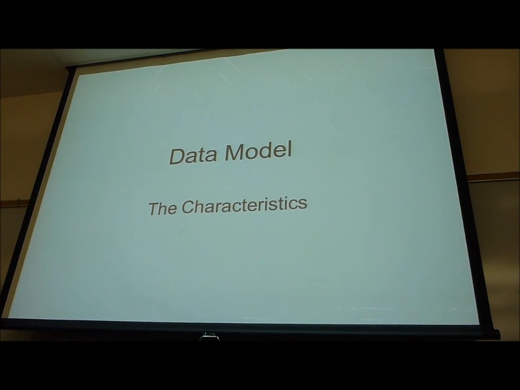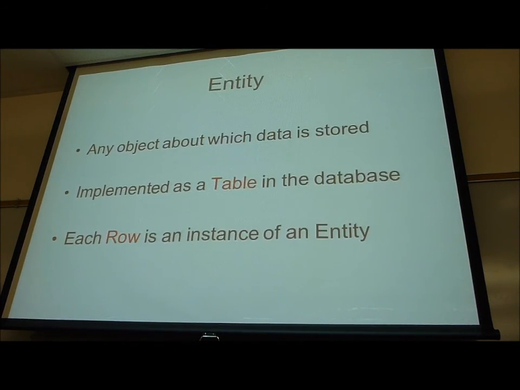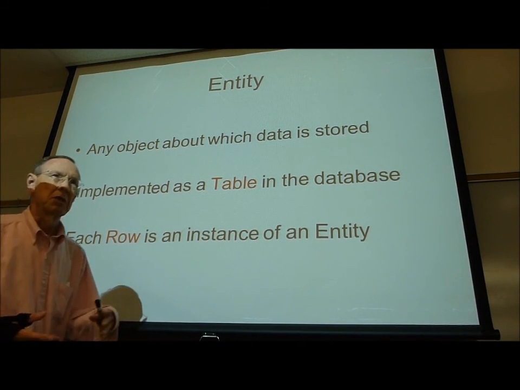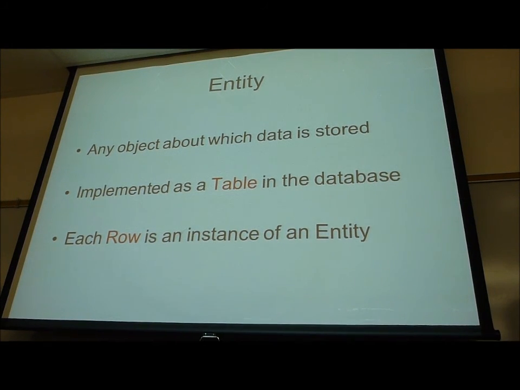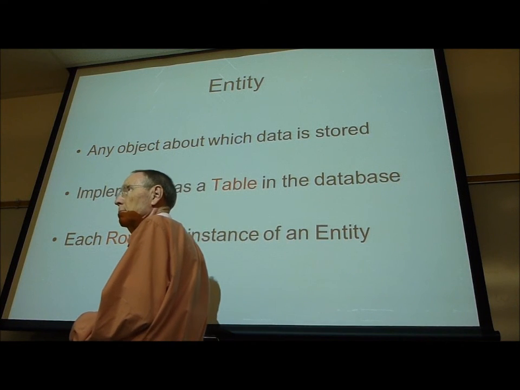All right, so what are the characteristics of the data model? There's this notion referred to as an entity. An entity is any object about which data is stored. In our example, the salesman is an entity, the office is an entity, the product, the order, the customer.